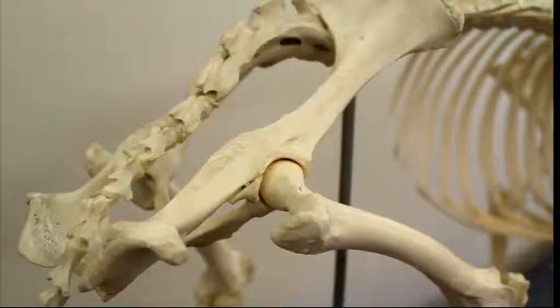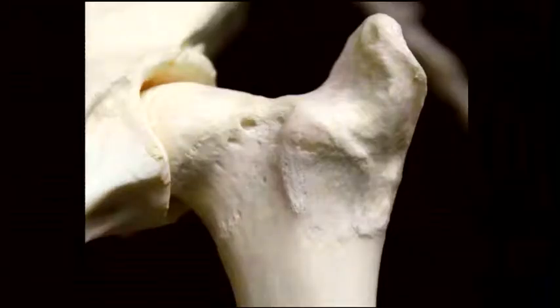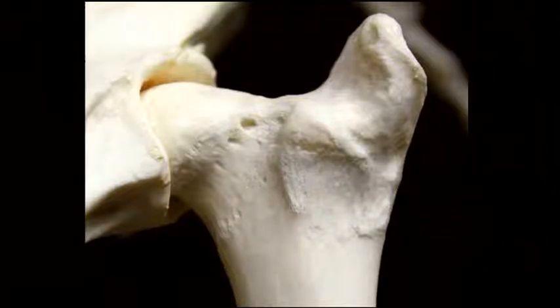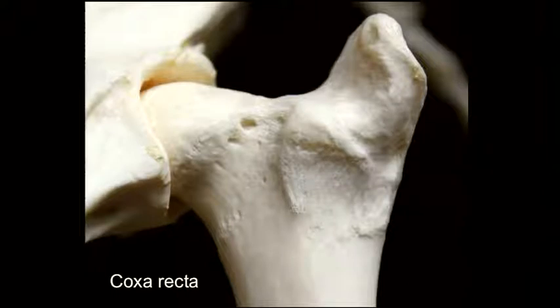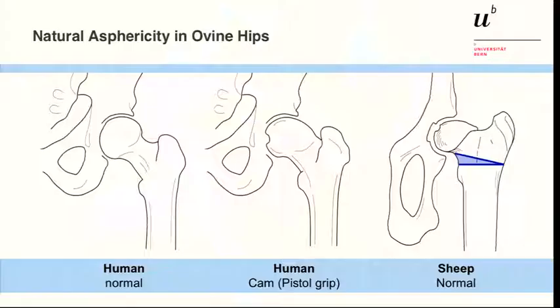This is how a pelvis from a sheep looks, taken from posterior superior. This is how a proximal femur looks, a little bit different than the human femur, and Tom Hogarth would call it coxa recta. So it's a natural asphericity that the sheep have in the superior portion of their femur. Now, how can we induce a CAM-type impingement? On the left side, we have a more or less normal or spherical human hip.